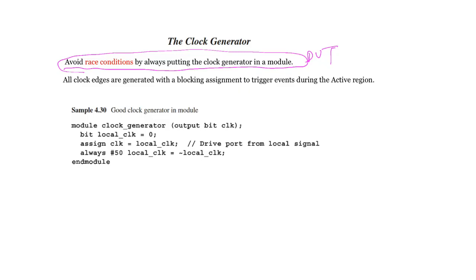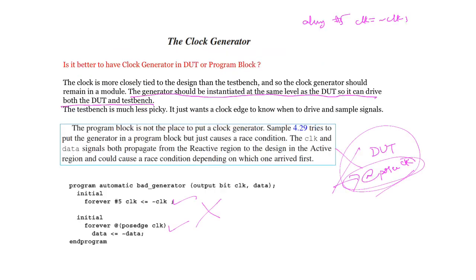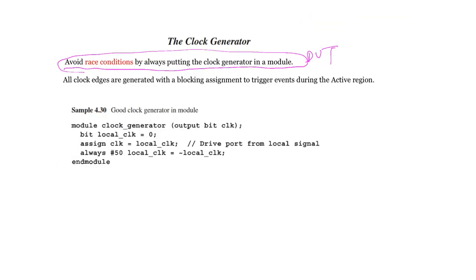All clock edges are generated with blocking assignment statements, so that they are always executed in the starting region of the active region. You might have seen that you always use a blocking assignment statement only for clock generation, so that within the active region itself, you have seen first one is active, next one is inactive, next one is the NBA region.